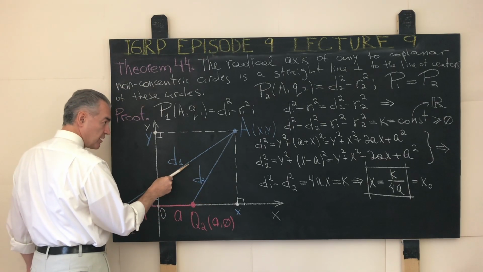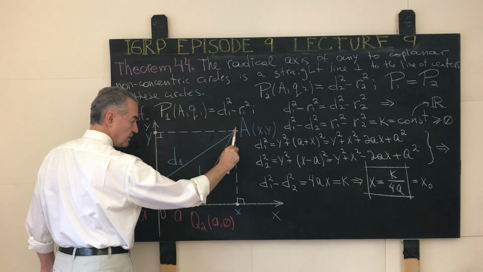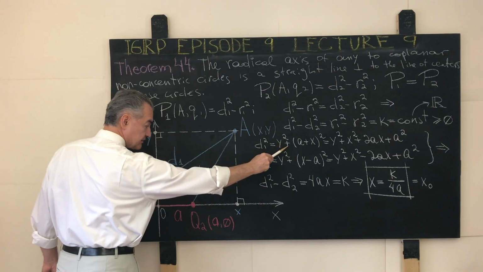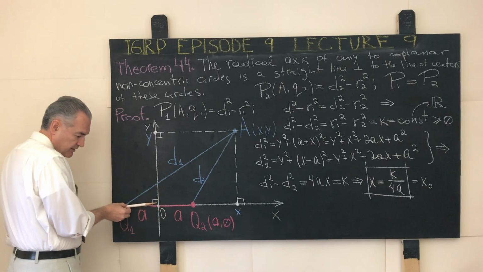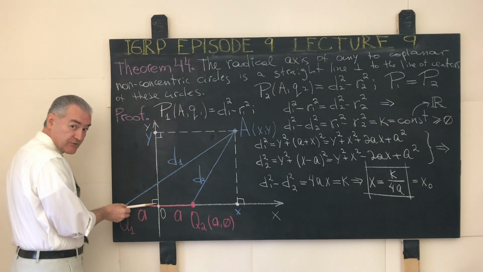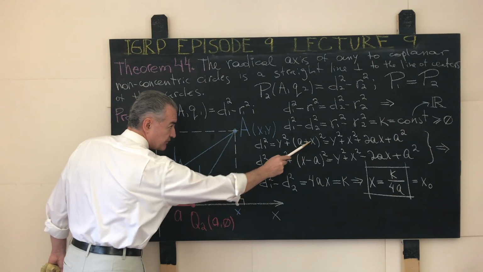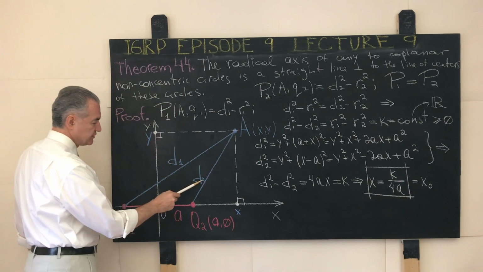One side, the other side, hypotenuse. So the square of the hypotenuse, d1 squared, is equal to the square of one side. What is the length of this side? y squared, plus the square of the other side. What's the other side? Well, it's the length a, half the distance between the centers of the circles, plus the coordinate x: x plus a, squared. And what do we have for the distance d2? Same thing.